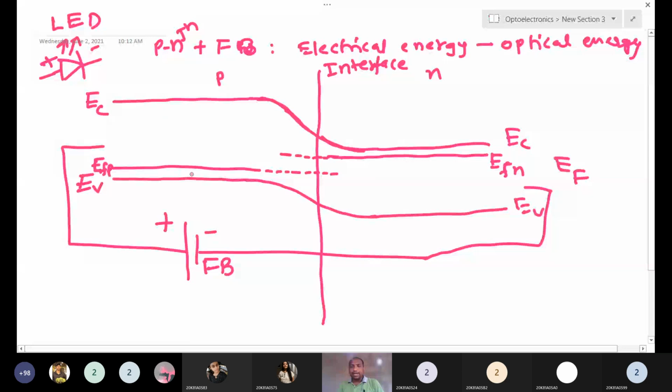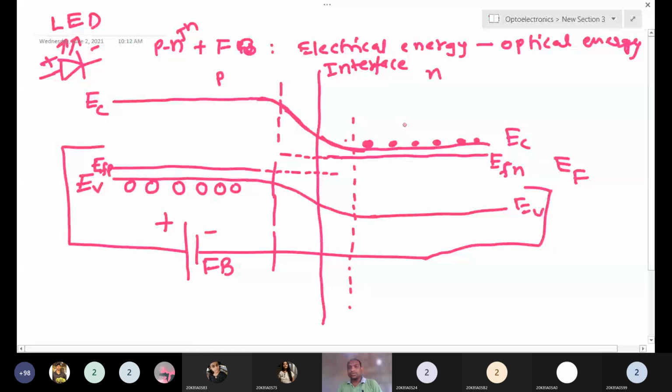If you take only n-type semiconductor, free holes are also available in the valence band, but very few. In n-type semiconductor, electron density is much greater than hole density. In p-type semiconductor, hole density is much greater than electron density.